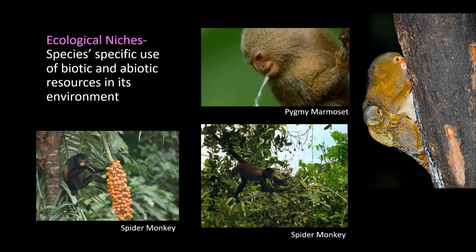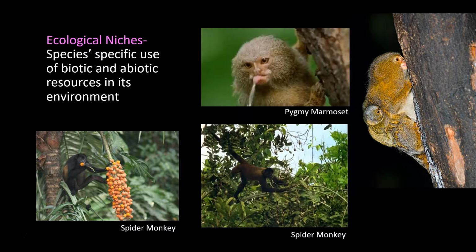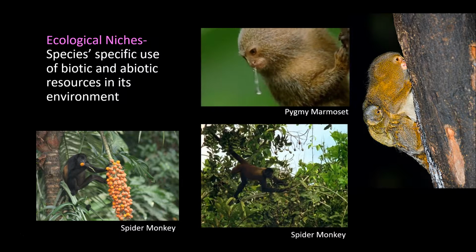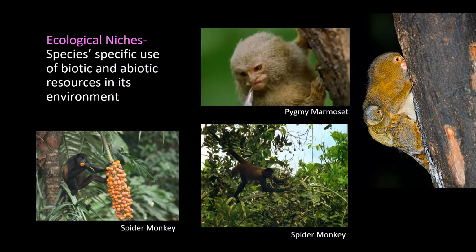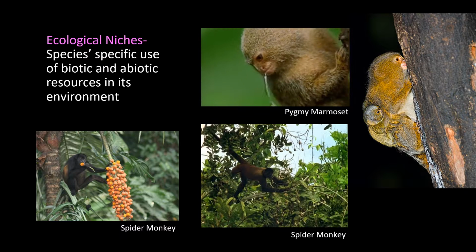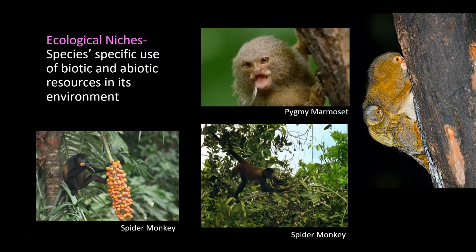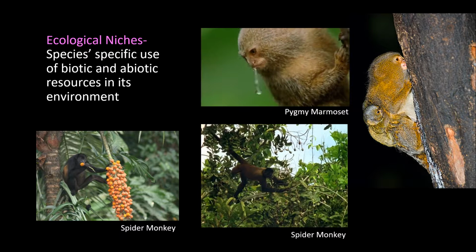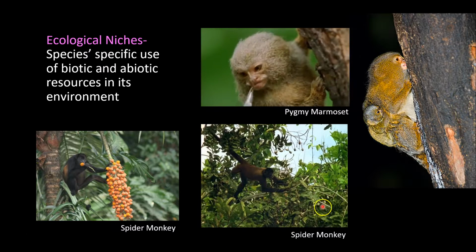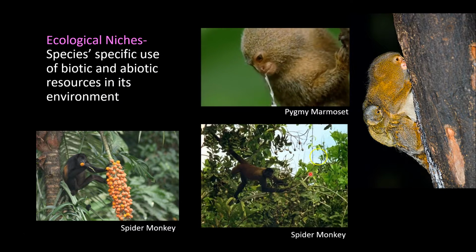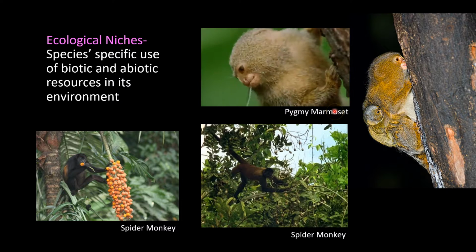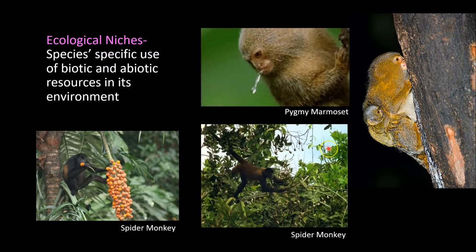Then we can also talk about ecological niches. Why do we get these different specializations? Species use specific biotic and abiotic resources in the environment to survive, and they're going to interact with those different resources. So here we have monkeys all living in relatively the same area.